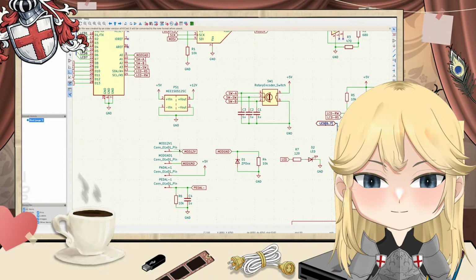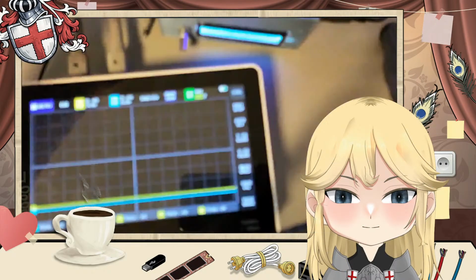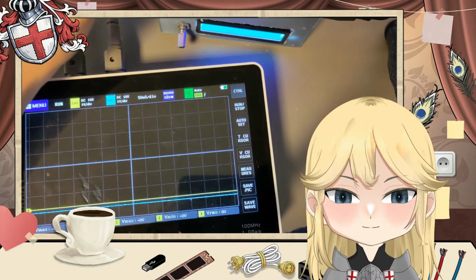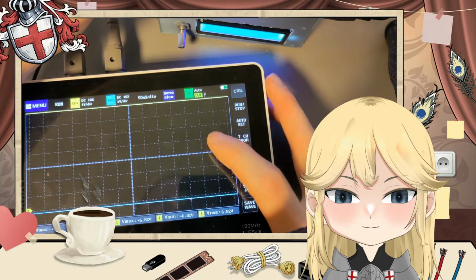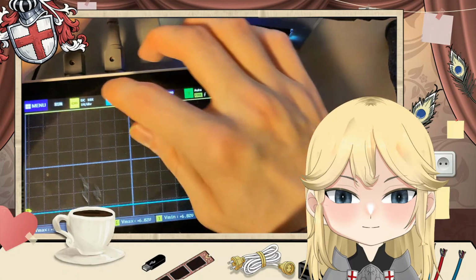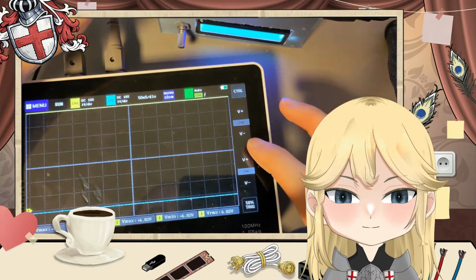Let me add our camera. So I think it is this. Now, what kind of voltage are we playing with?